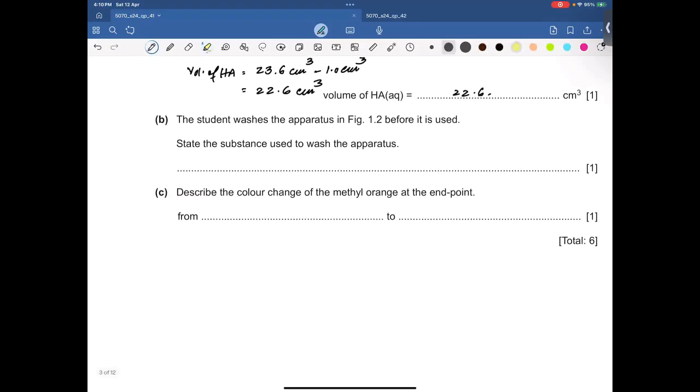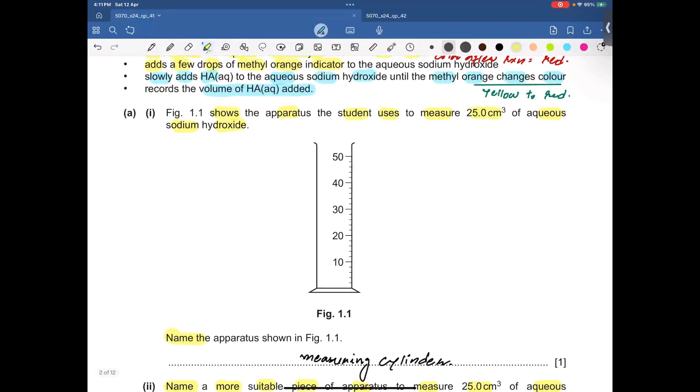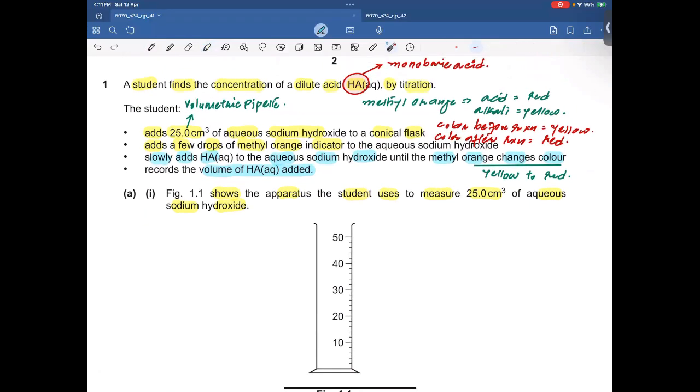In the next part of the question, the student washes the apparatus in figure 1.2 before it is used. State the substance used to wash the apparatus. Obviously, in the burette, we have HA.